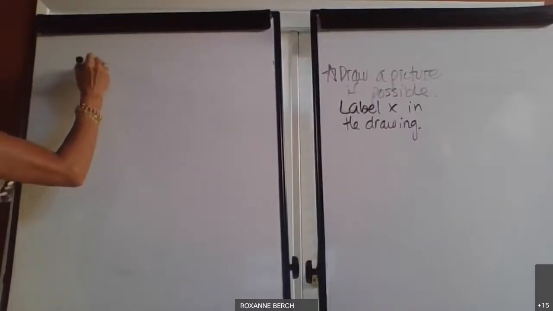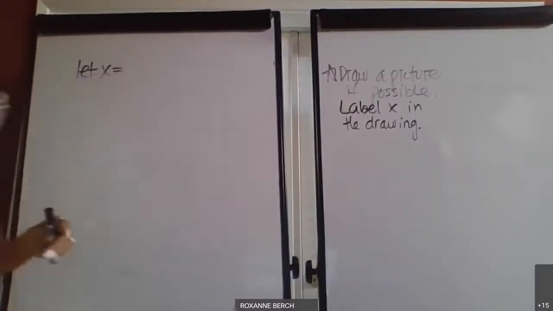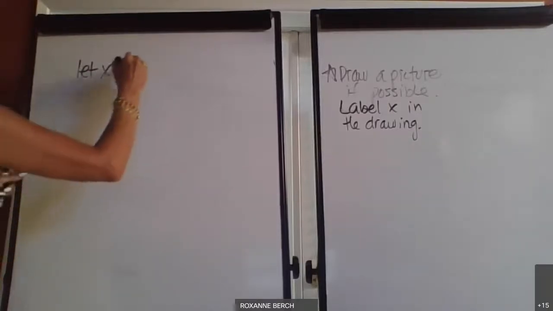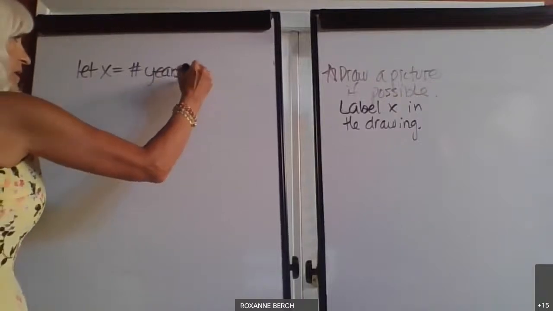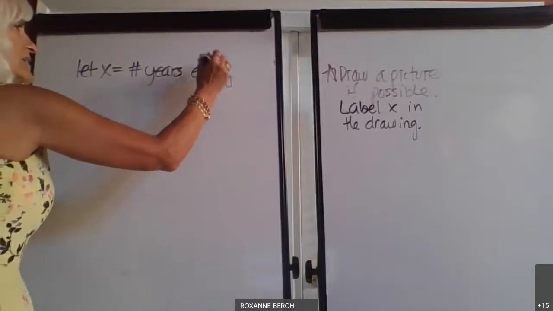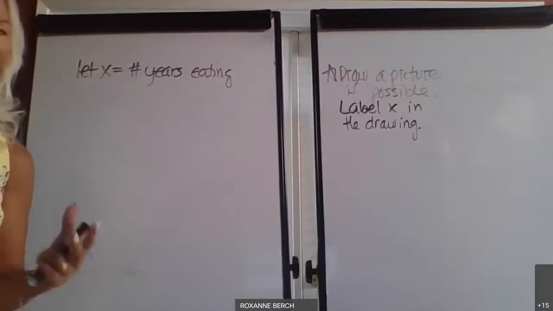We want to let X equal one of them. So we'll let X equal the number of years eating, because we don't know that. We can look at the graph, but we don't know exactly.